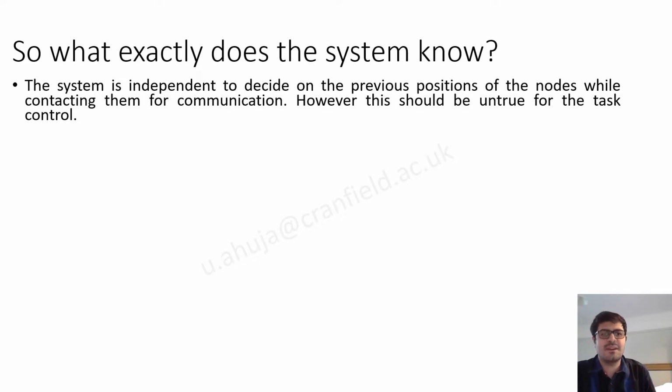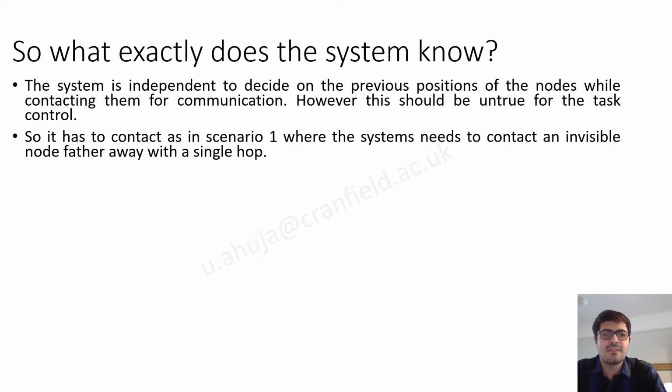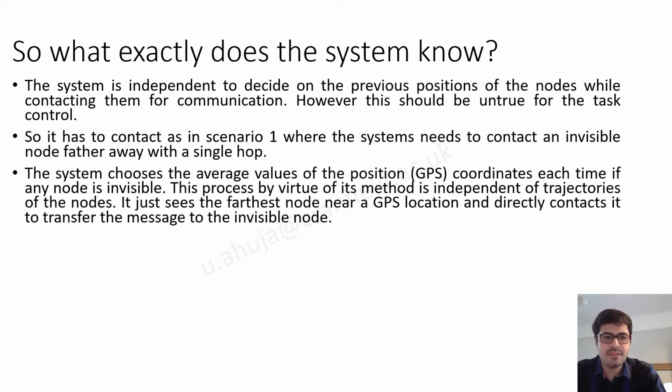The system is independent in deciding on previous positions of the node while contacting them for communication. However, this should be untrue for the task control. So it has contact as in scenario 1, where the system needs to contact an invisible node farther away with a single hop. We'll explain that later. The system chooses the average values of the position or the GPS coordinates each time if any node is invisible.